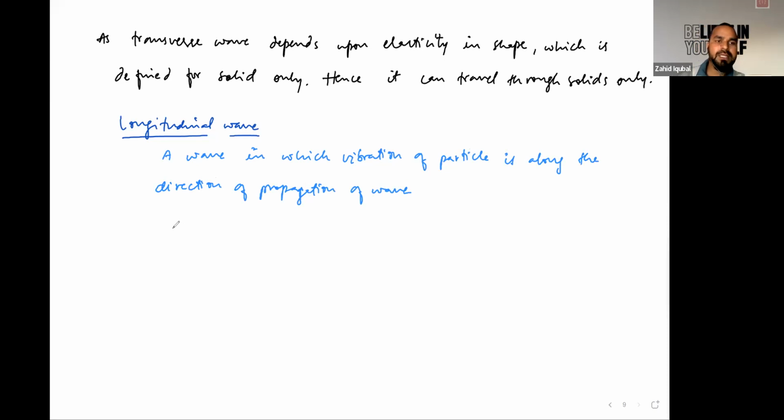So next, we have to calculate velocity related to this longitudinal wave.